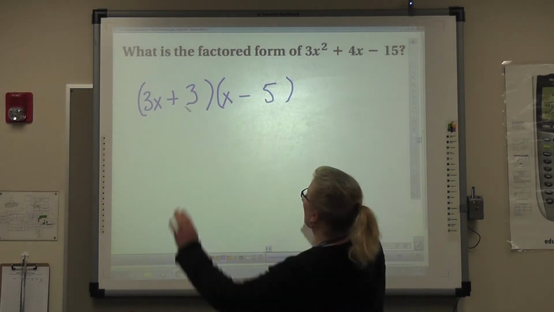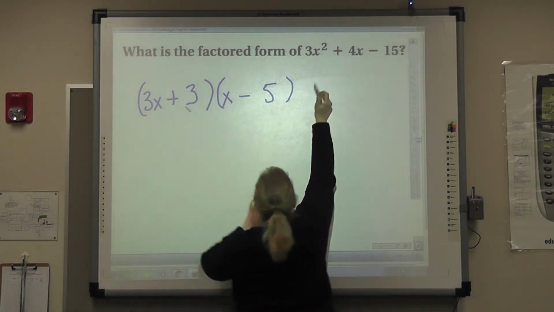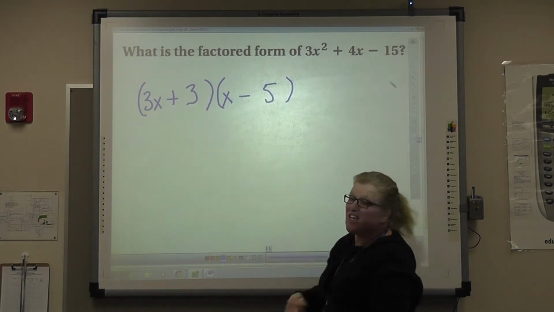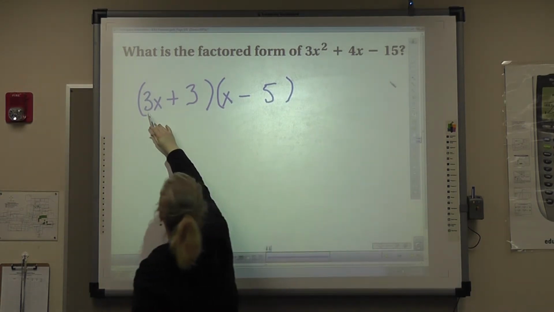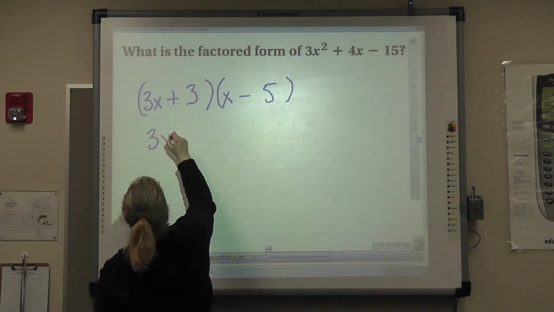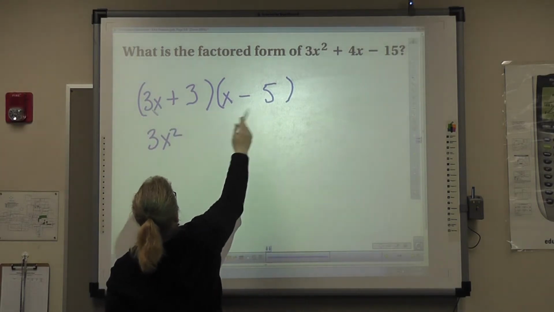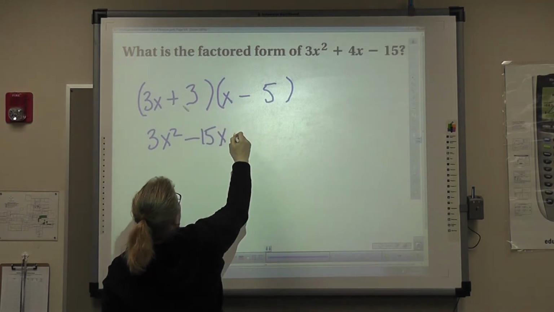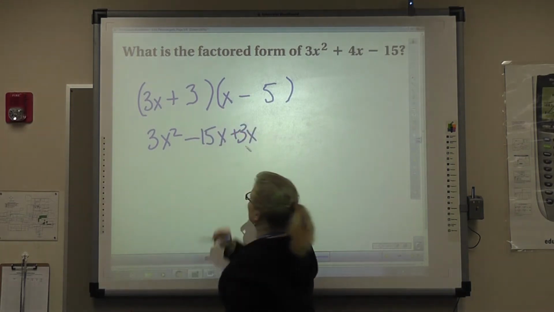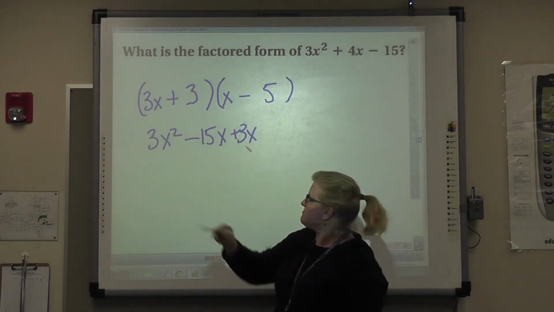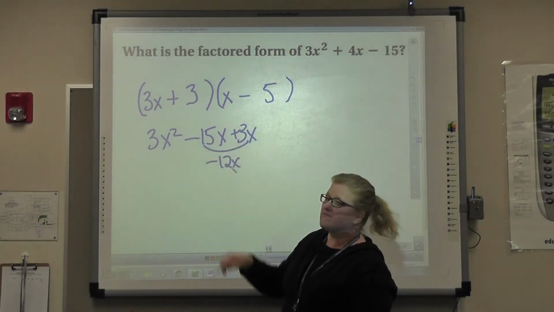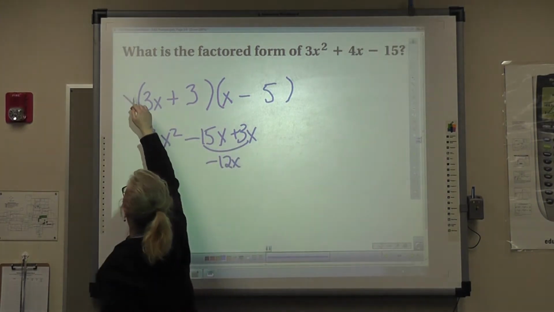Okay, so we've got our 3x times x is our 3x squared, 3 times negative 5 is negative 15. Now we're going to try it out. So 3x times x, 3x squared, 3x times negative 5, negative 15x, plus 3x. Nope, not it, because this is negative 12x. All right, so that's not it.